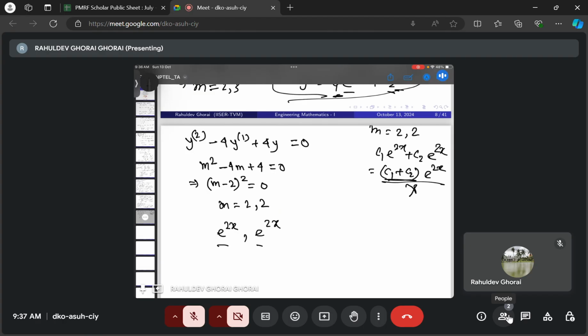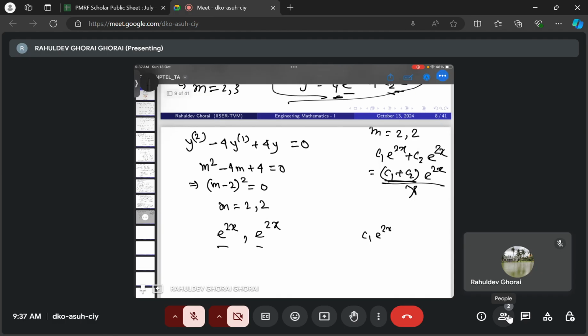So that's why we cannot write the solution like this, because we are writing the general solution for this homogeneous differential equation. So we cannot write c1 plus c2 times e to the power 2x.